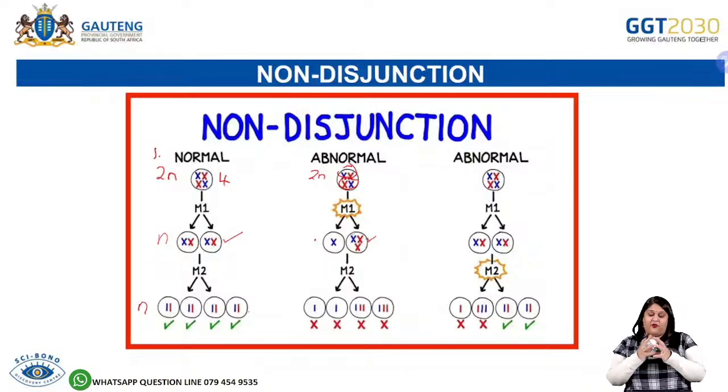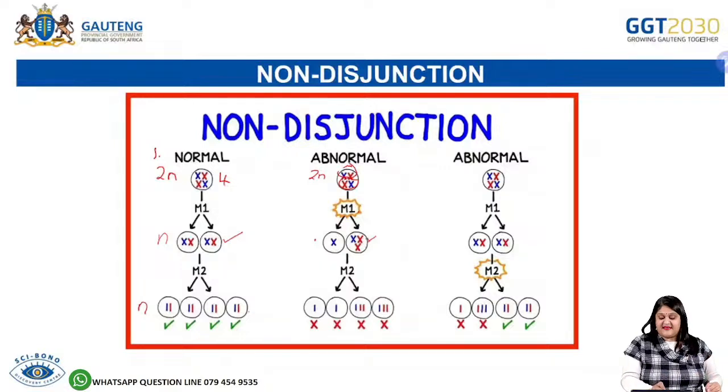It's going to form part of the one cell, and the other cell is going to have 1 less chromosome. So during anaphase 1, homologous chromosomes failed to separate, which resulted at telophase 1 in one cell with 3 chromosomes and the other cell with 1 chromosome.